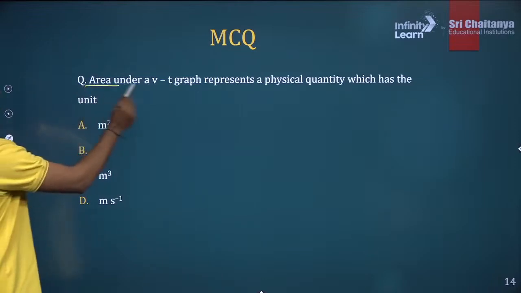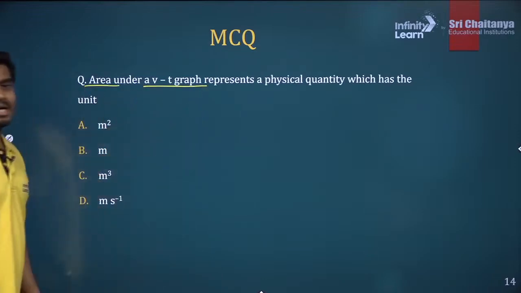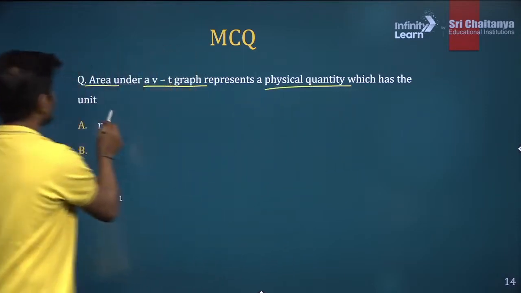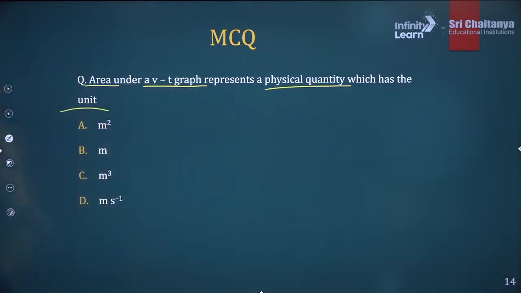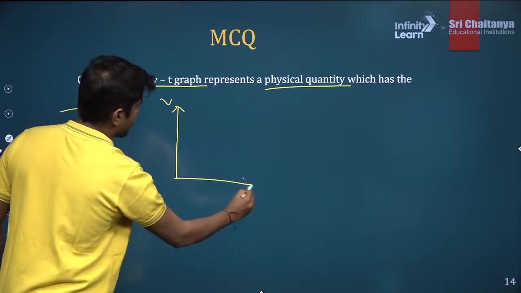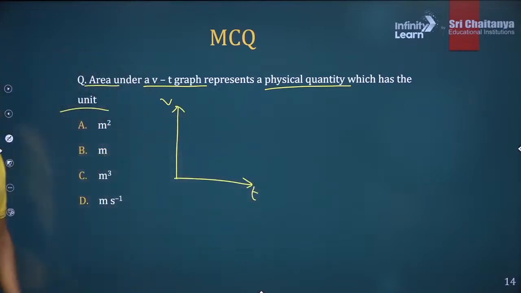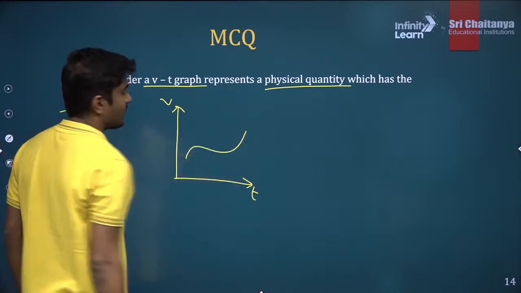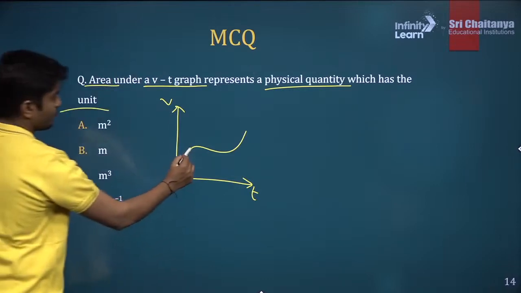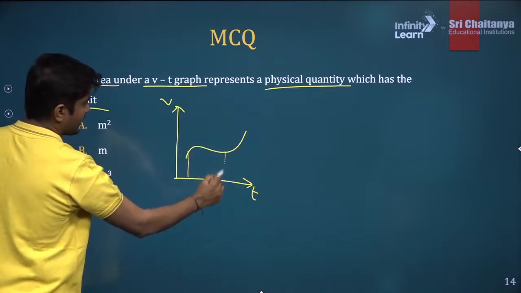Solve this. The area under the velocity time graph represents a physical quantity which has a unit of what? If you have the velocity versus time graph, let's suppose there is a curve, and you find out the area under the curve.